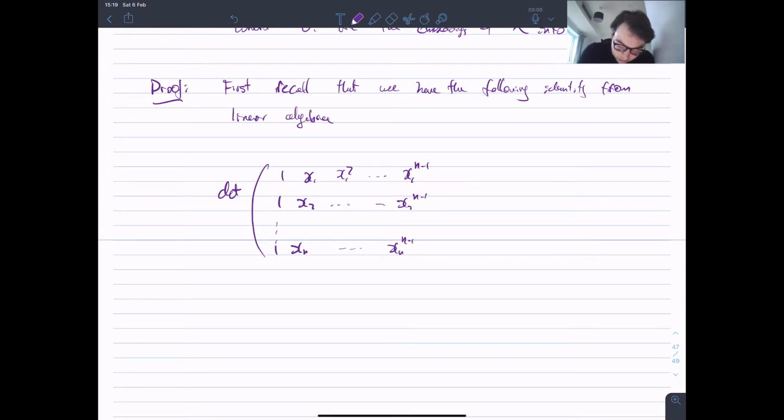I want n minus 1 here, so it's actually a square matrix. The determinant of a matrix where the entry is just along the rows, just take powers of some element. This is a standard result that this is the product over i less than j of xi minus xj. So the determinant of this thing is just this expression here.